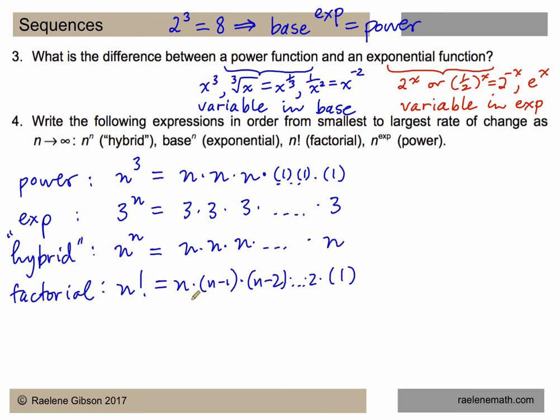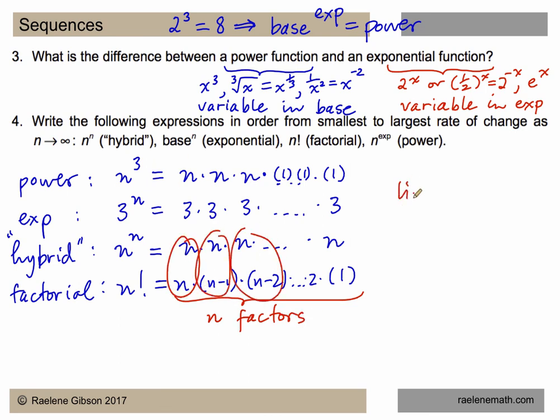And so then if we compare the factorial to the hybrid, we can see that n factorial is going to be n times the other factors, which is a total of n factors. And so we can compare each of these one by one. For the first three, we know enough about end behavior of continuous functions to know that this limit is equal to 1, and this limit is equal to 1, and so on.